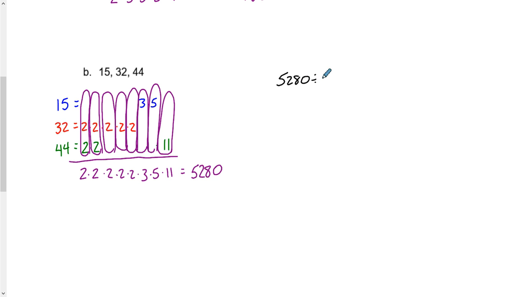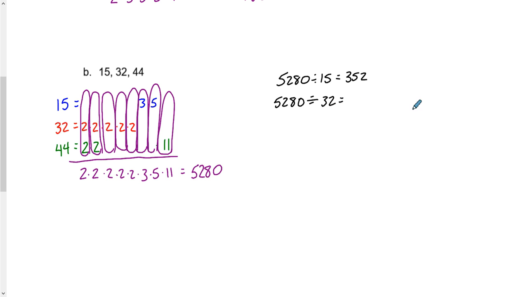I can do the same check. 5,280 divided by 15 should come out as 352. I just want to do a double check. 5,280 divided by 32.